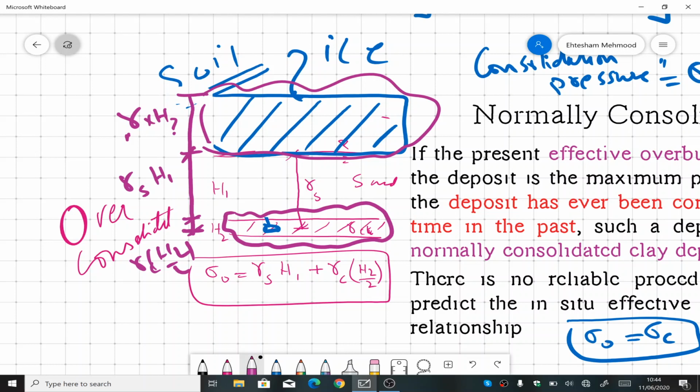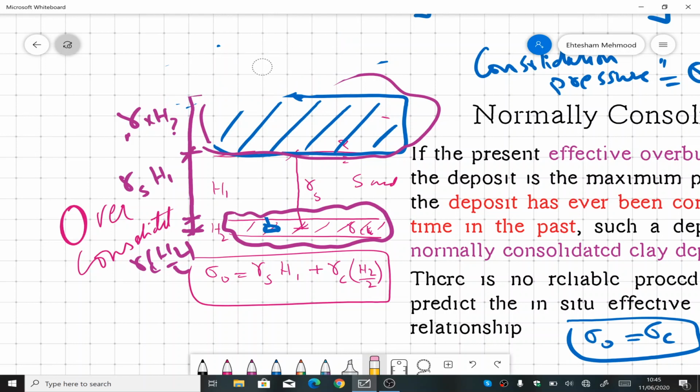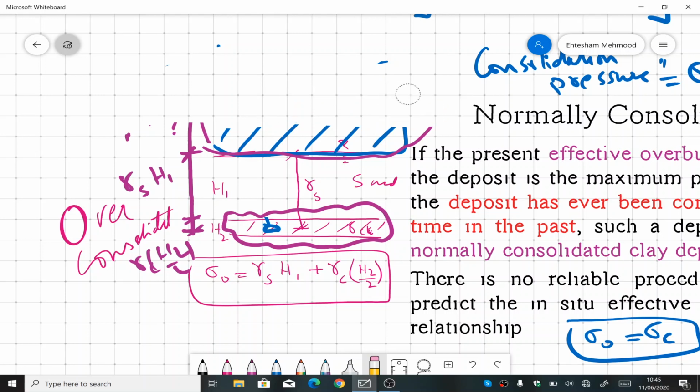Now due to some geological reasoning, maybe a flood or a glacier that melted, the excess load has been dissipated. But the soil's ability to remember, through the pre-consolidation pressure, will tell us that the soil has been loaded in its past. So it is very interesting.